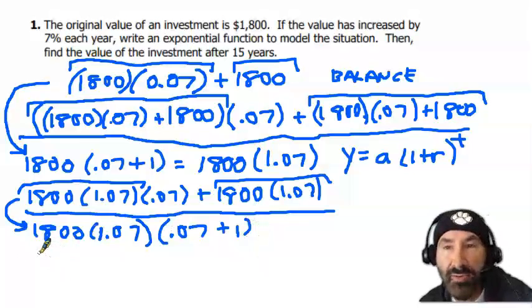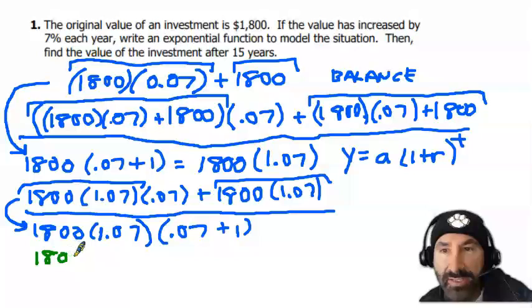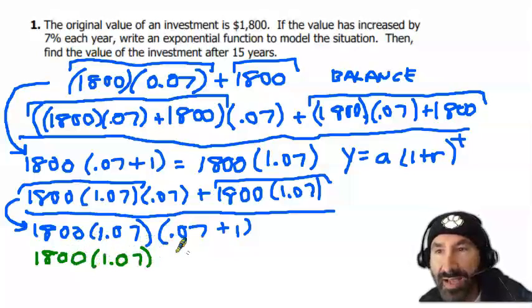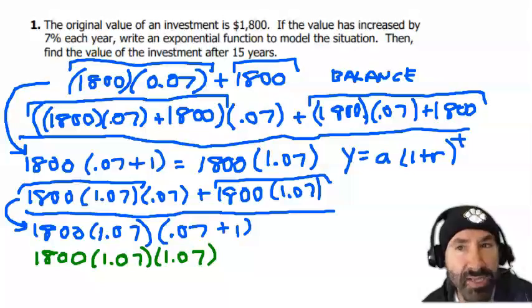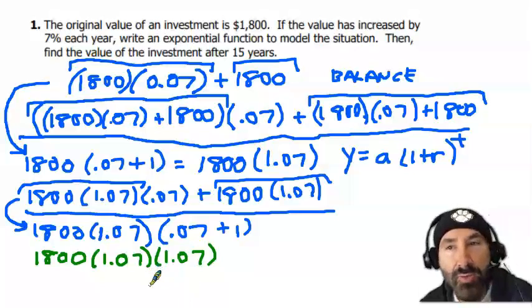So I'd like to point out that this becomes, and I'm going to change color now because we're making some significant progress here, 1800 times 1.07 times 1.07. Now, this will be the balance at the end of the second year, okay? So you'll notice that there's two 1.07s.